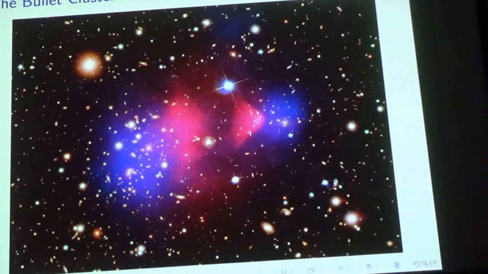The blue stuff on the right is matter that went through the collision and is still moving up in that direction. And what we're learning here is that that blue stuff can go right through the matter of a galaxy unimpeded, whereas the red stuff gets stuck.